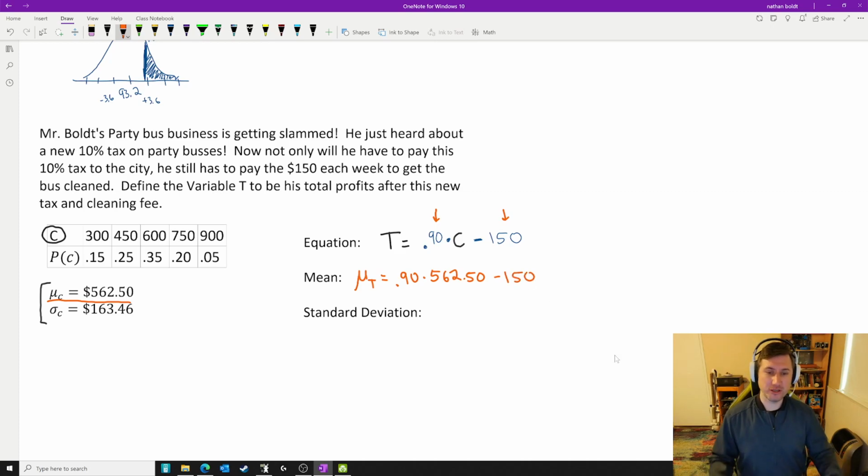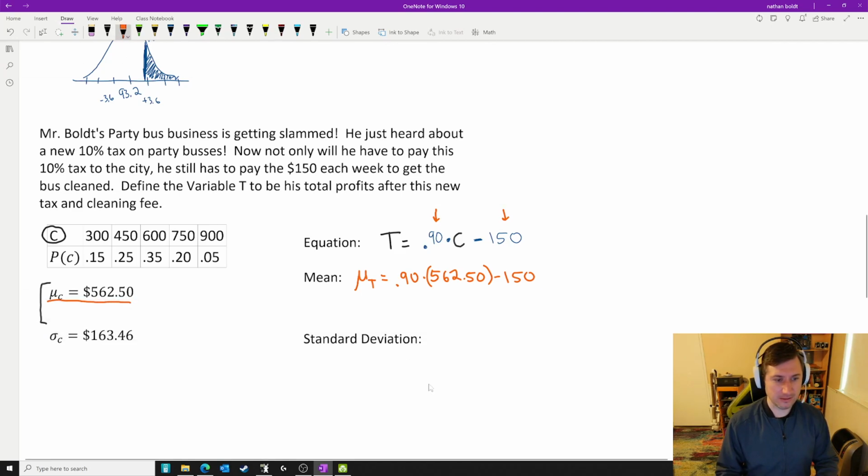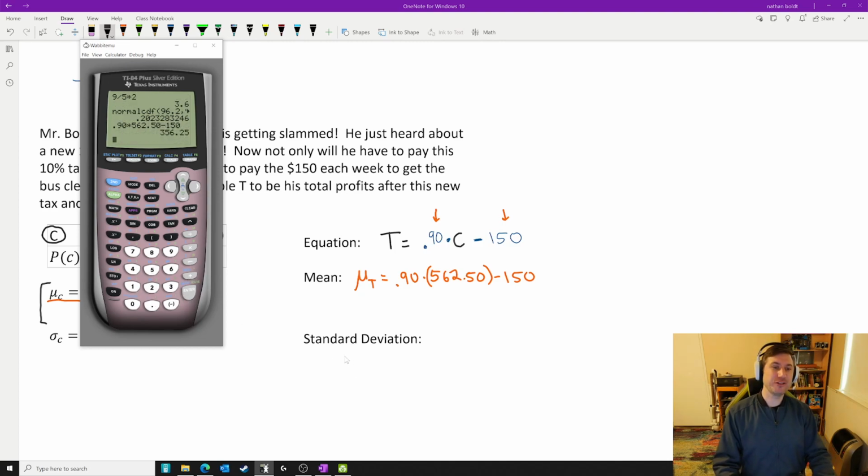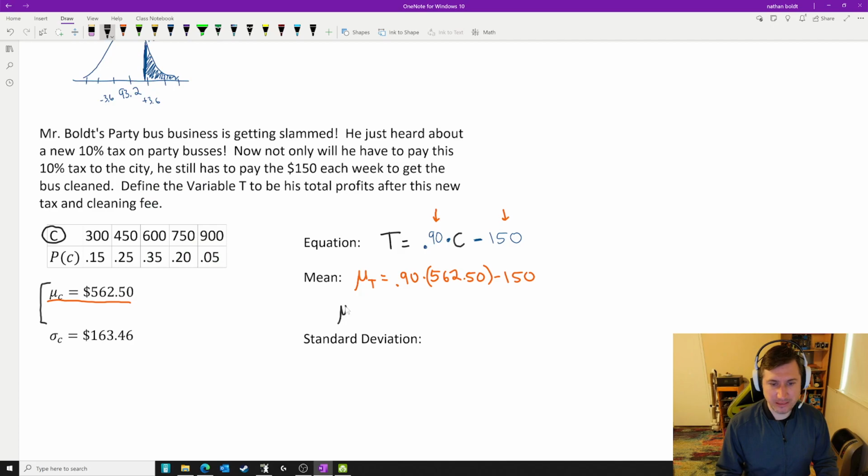We just plug the average into our equation. Let me pull up the calculator. My new average is $356.25. So the mean of T is 356.25.